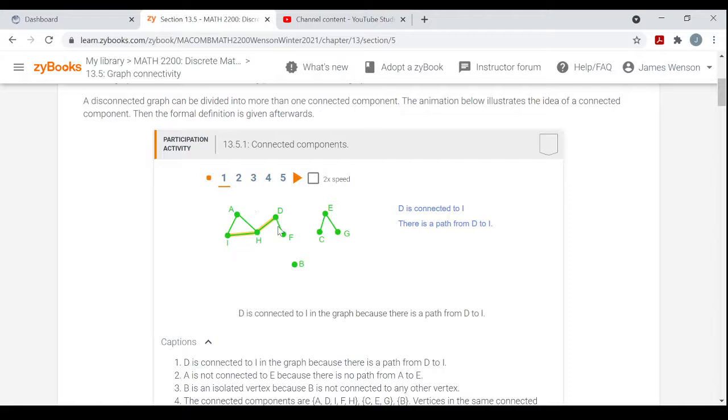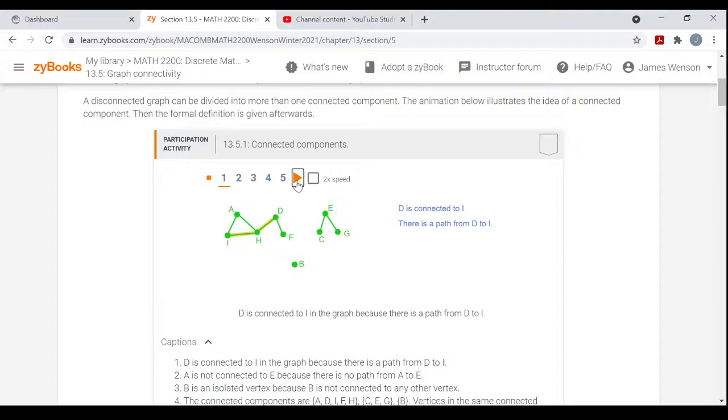So this would be an example of a connected component. Whereas E, C, and G form another connected component. And vertex B is also connected. Remember, every vertex, they said, is connected to itself. So vertex B all by its lonesome here is also a third connected component of this graph.